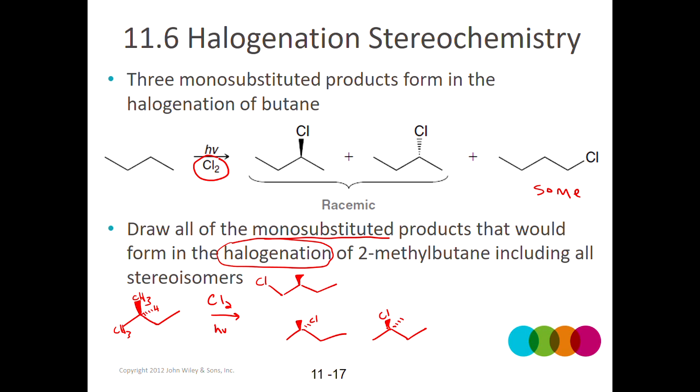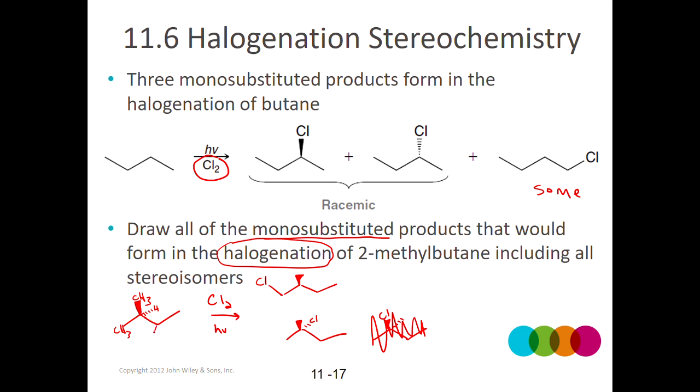That creates a chiral center, though. Oh, wait, no, it doesn't, because these 2 methyl groups are still identical. Sorry, my bad. Got a little confused about that one. So this one I wouldn't draw because it's identical to the other one. There's no chiral center here. So these 2 would be equivalent, spatially equivalent through rotation. So there's 2 possible products there that could result.